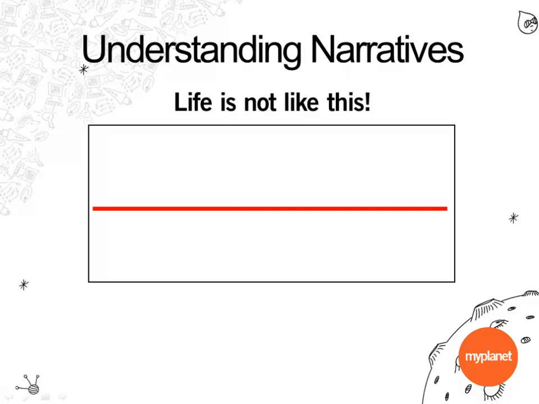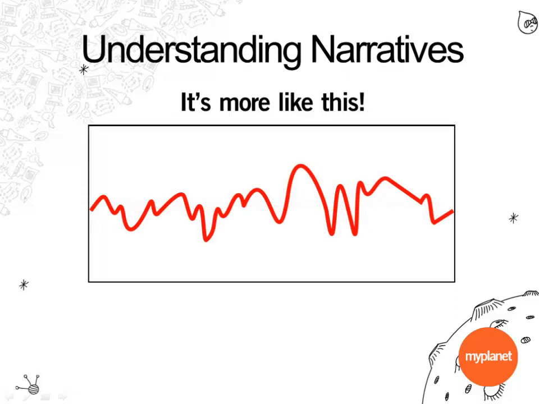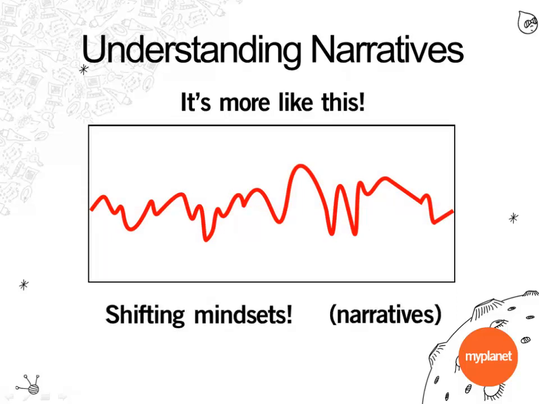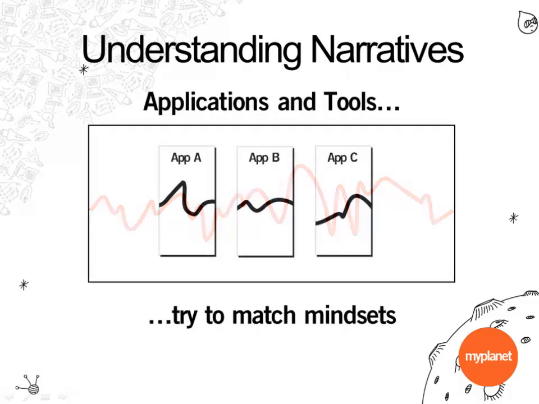So if life is a set of changing roles, if it's a set of shifting mindsets, it probably doesn't look like this. In graphic terms, it probably looks more like this. Our consciousness is shifting from one set of tasks, one set of goals to another. So in very crude graphical terms, it looks like a wavy line, not a flat line. Now applications try to mimic that in a way.